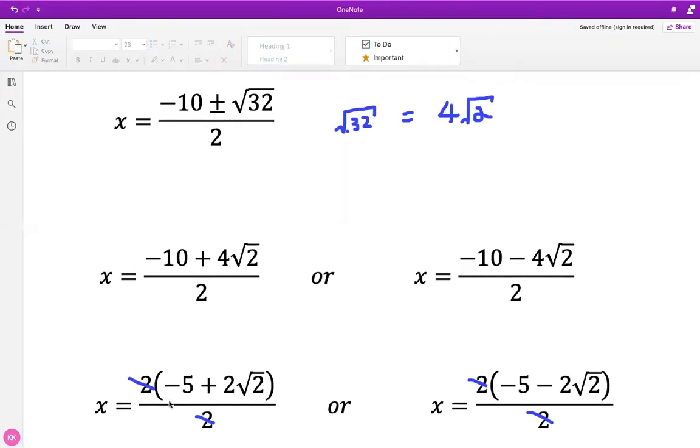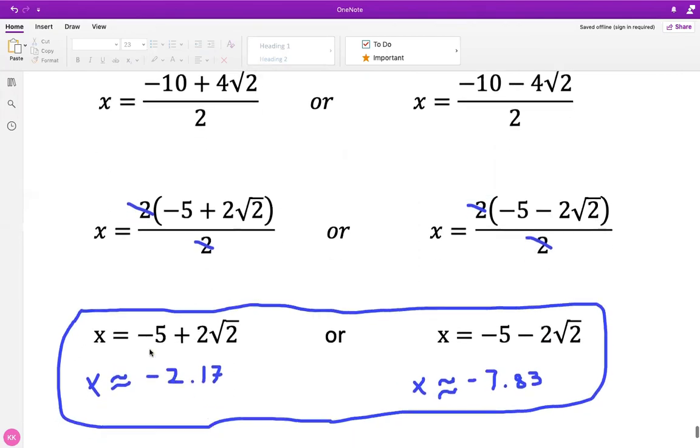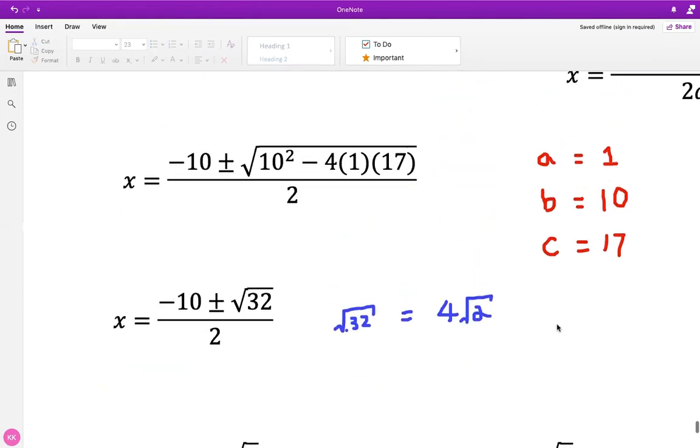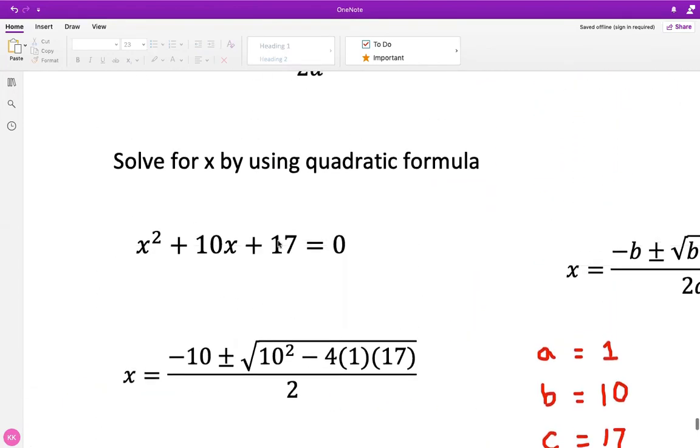So the 2 in the denominator will be cancelled out. After the 2 cancels, I get x equals negative 5 plus 2 root 2, or x equals negative 5 minus 2 root 2. So x is approximately equal to negative 2.17, or x is approximately equal to negative 7.83. These are my solutions for the equation x squared plus 10x plus 17.